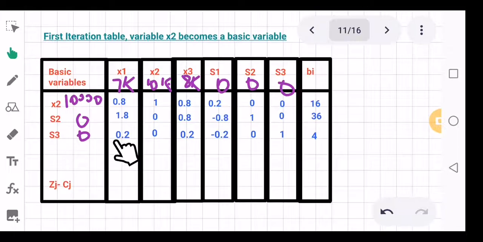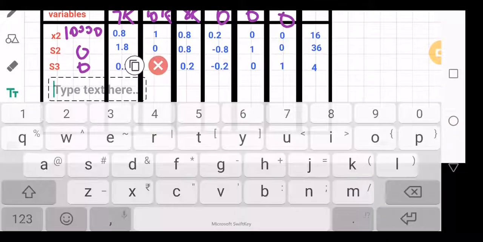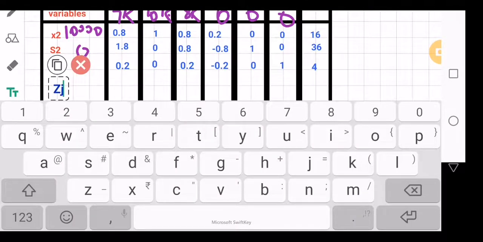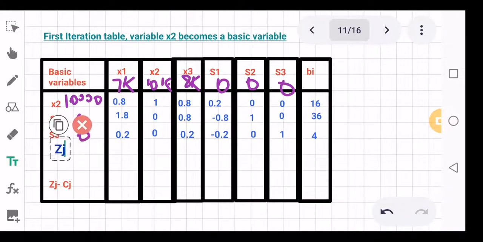That is your Zj. What I am talking about is only Zj. I will first calculate Zj values. So Zj is equal to 10,000 into 0.8, that is 8,000, plus 0 into 1.8, which is 0, plus 0 into 0.2, which is 0.